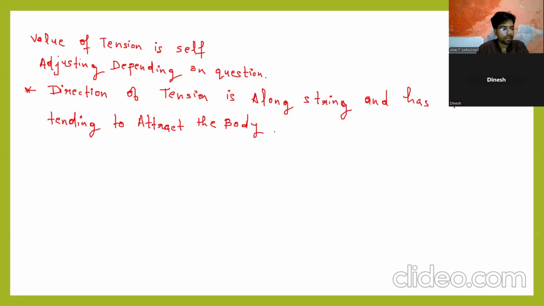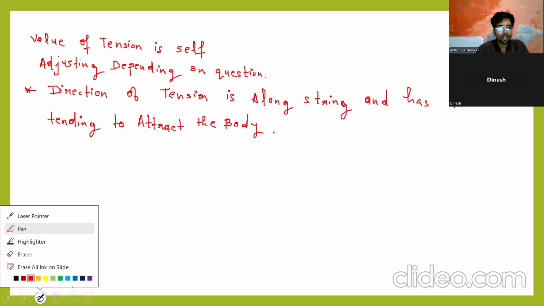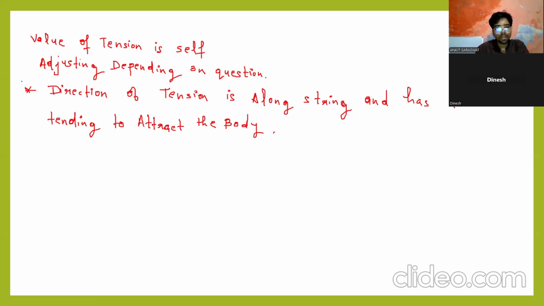For example, if you take this example, this is a string. Clear? Second case, if you attach any weight like this. Now, if I ask you, what is the tension here?